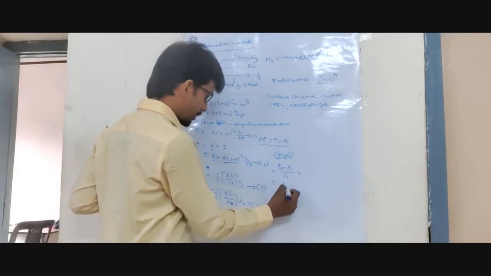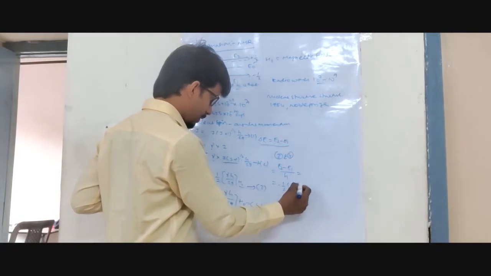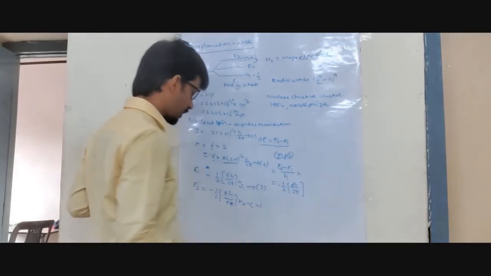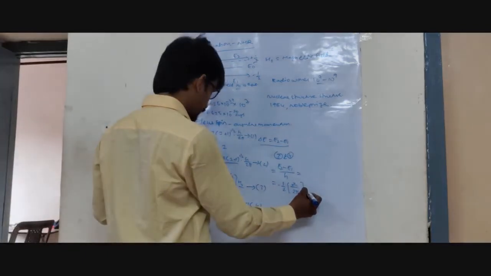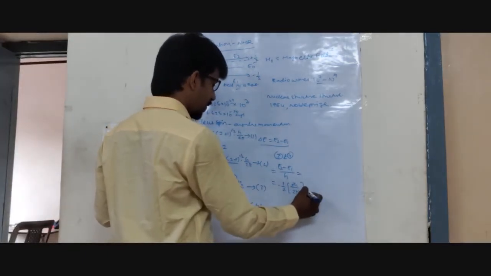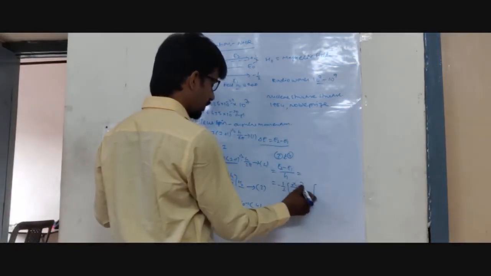1 by 2, E2, minus 1 by 2, minus 1 by 2, gamma h by 2 pi. Then H naught, we are taking the common term. Minus, actually we can get plus here.